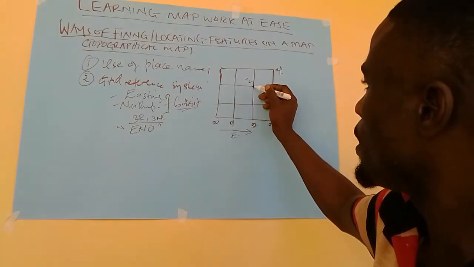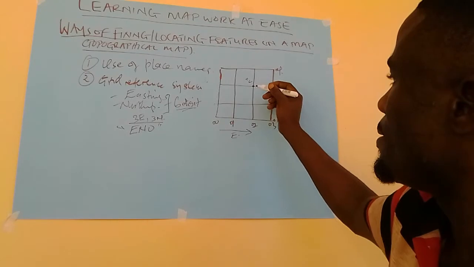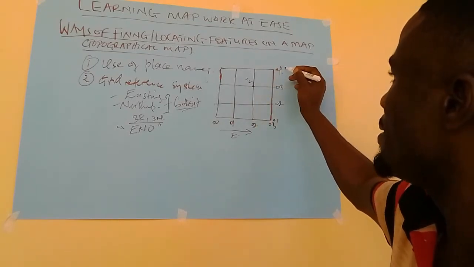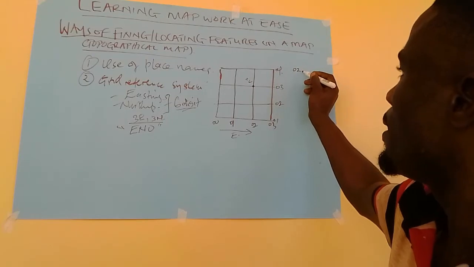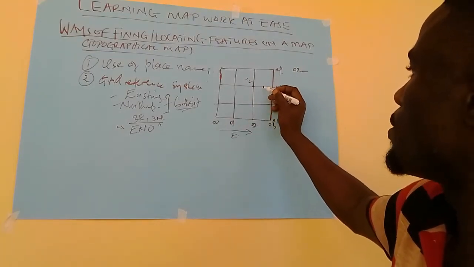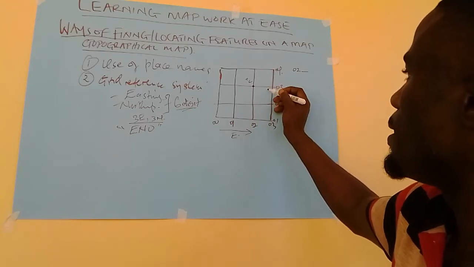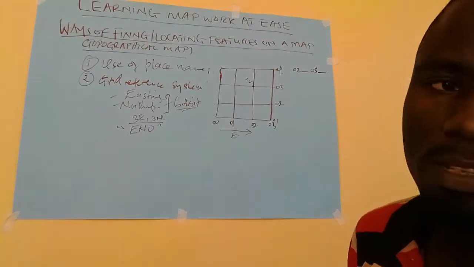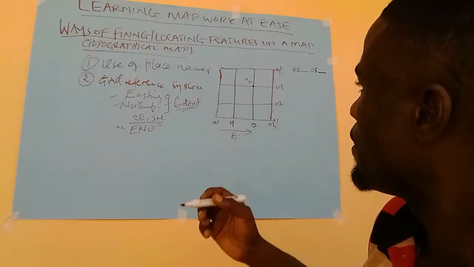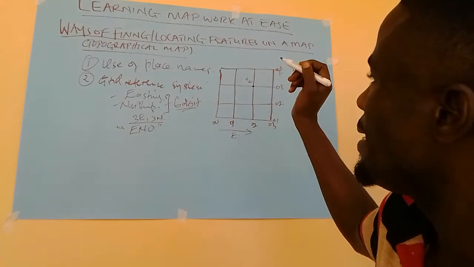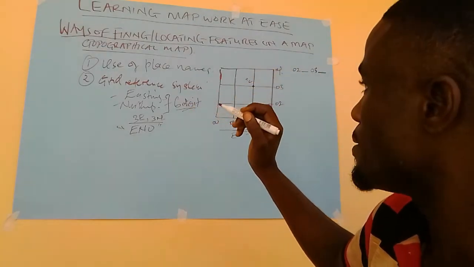So now you check on which easting line is the church. Now, the church is going to be on easting 02. You leave it. Then on which northing line? It is on northing 03. So the last digits, we count them. Every grid box has 10 small eastings and 10 small northings.